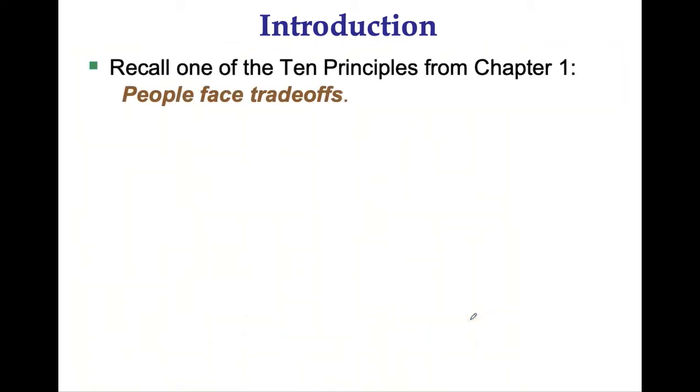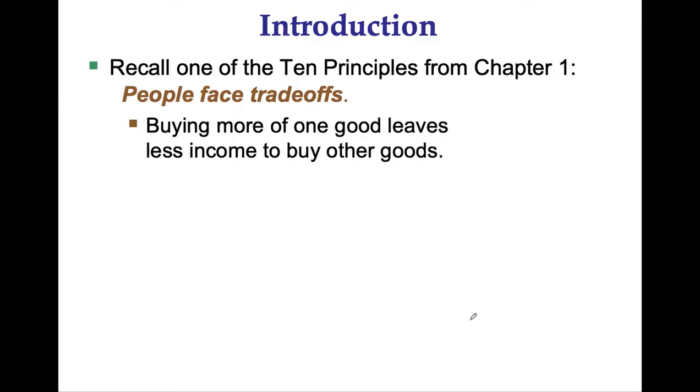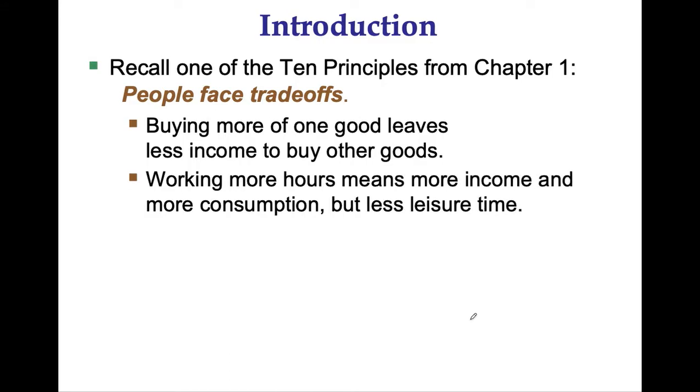We recall the principle we have seen in chapter 1, people face trade-offs, meaning buying more of one good leaves less income to buy other goods. So there is a trade-off between goods. This can be extended to the trade-off between working hours and leisure time, between labor and leisure.